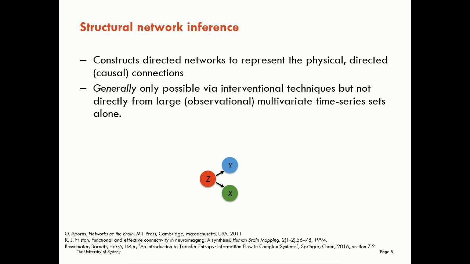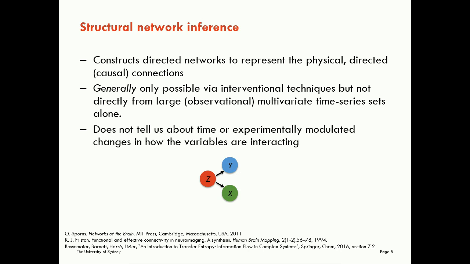Under certain circumstances, Pearl shows us when that's possible, but typically we don't have the conditions for that satisfied in multivariate time series that we're looking at. For example, in a multivariate time series of MEG data, we're almost never going to have those conditions satisfied. So there's not much point considering them here.